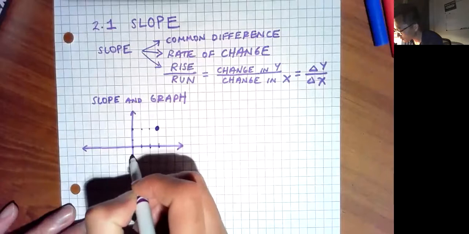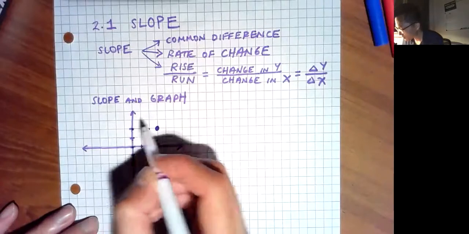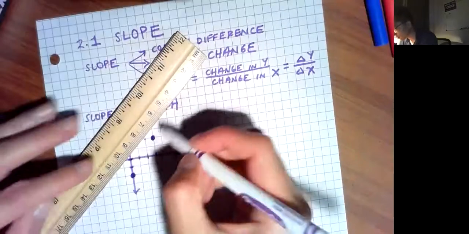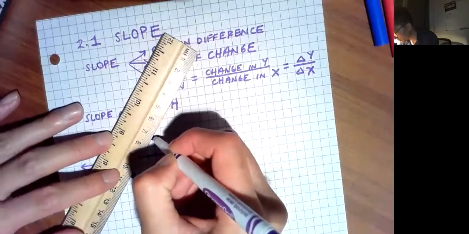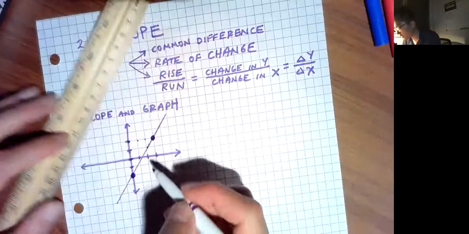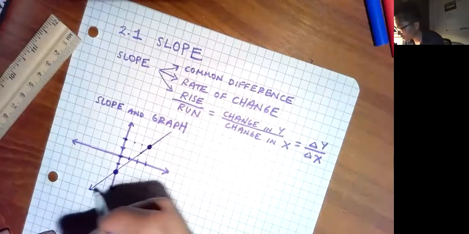Here. And then using a straight edge, let's connect these 2 points. I'm using a ruler, but you can really use anything that can help you draw a straight line.